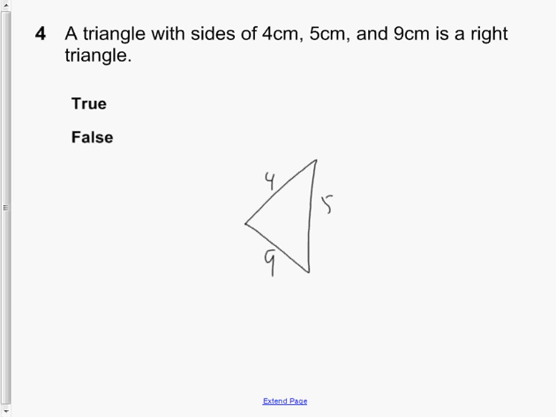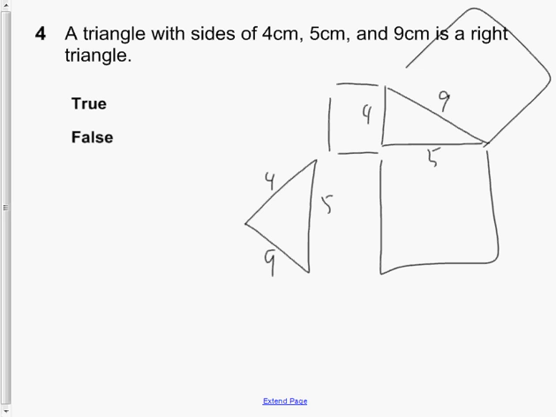So if I was to assume 9 being the hypotenuse, it is impossible for the area of the two squares attached to the legs being 16 and 25, or 25 and 16, that would equal 41, but the area of the square attached to the hypotenuse would have to be 49, which means false. It is impossible to have a right triangle with legs of 4 and 5 and a hypotenuse, which is the longest side, being 9. It is impossible, so the answer is false. It can't be right.